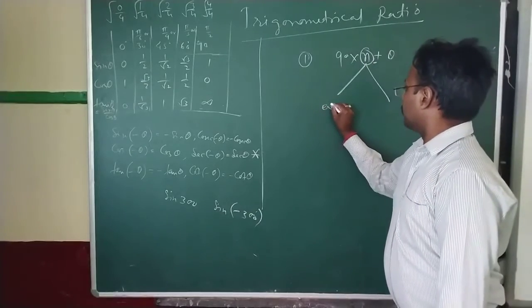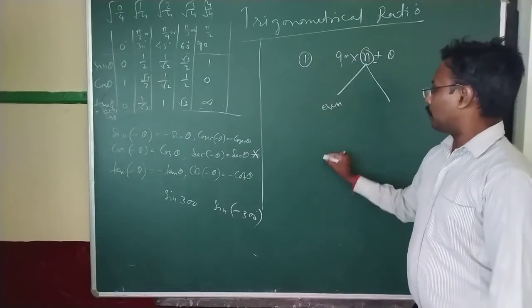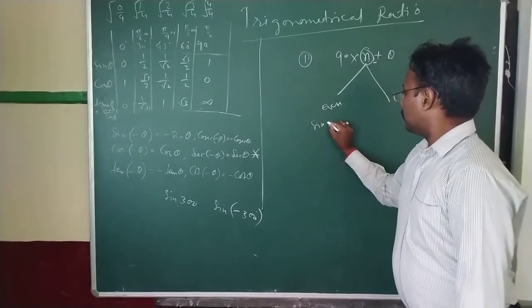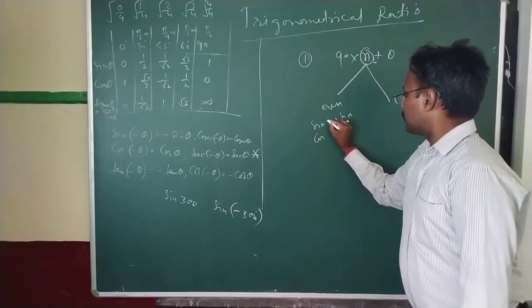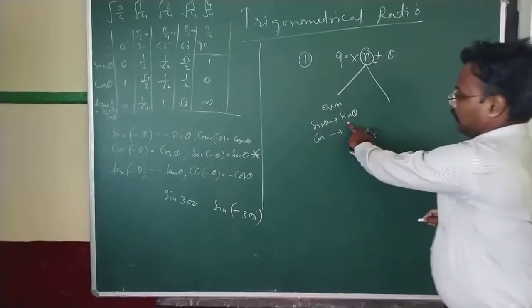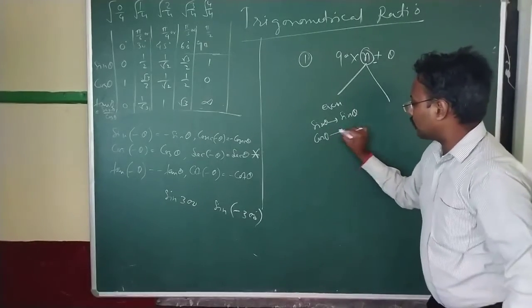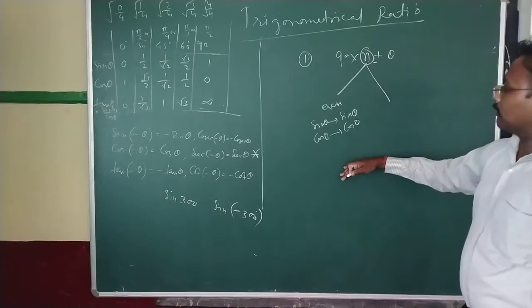If n is even, then remember there is no change in the trigonometric ratio. What does it mean? Sine remains the same, cos remains the same, so sine theta remains the same, and cos theta also remains the same. Similarly for tan, cot, cosec, sec.